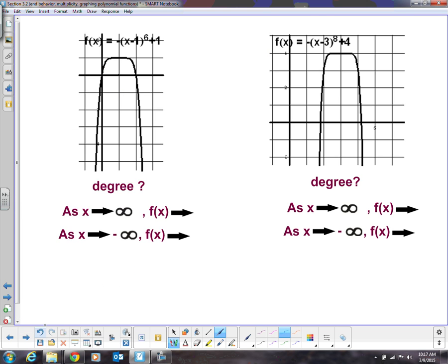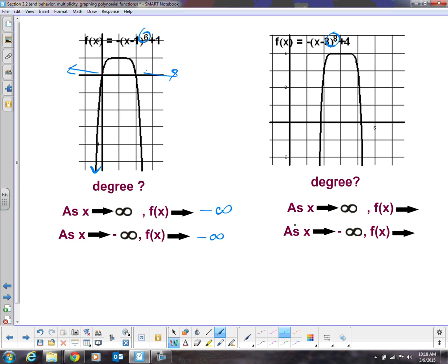Okay. Try another one. So now what degree is this? So now as x goes to the right forever, positive infinity, what are the y values doing? Going down forever. So in end behavior, do you see how this is always the same? It's just filling in the blank there. As x goes left forever, what are the y values doing?